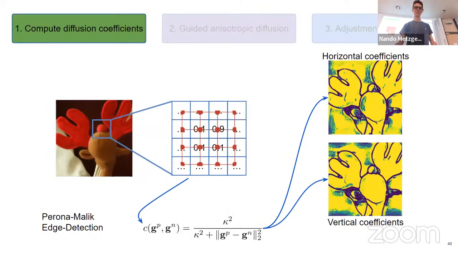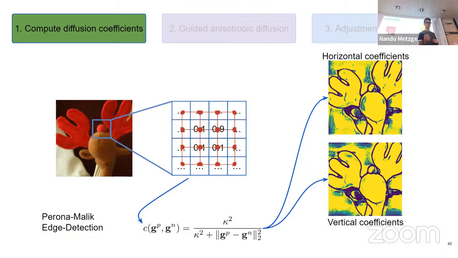So basically, there are 3 different steps that you need to understand in order to understand the whole framework. The first is how you compute the diffusion coefficients. Basically, what you do is you treat the whole RGB map as a graph, and then for each of the neighboring pixels, so the north, south, east, west connection, you calculate a diffusion coefficient.